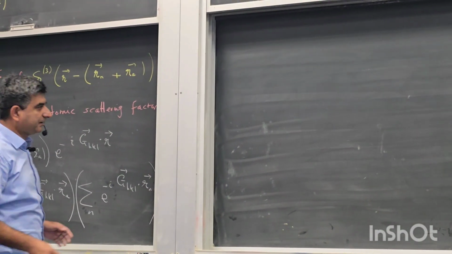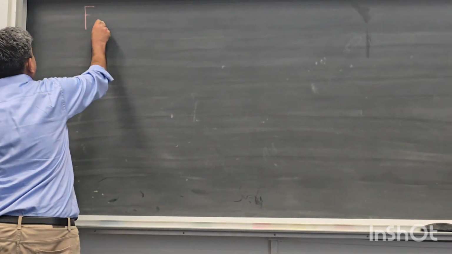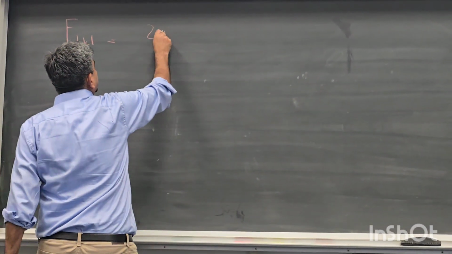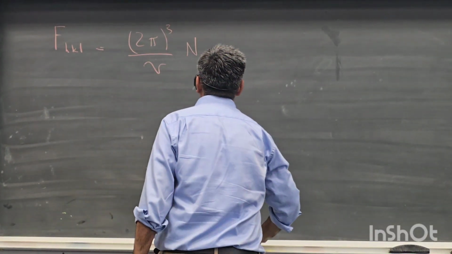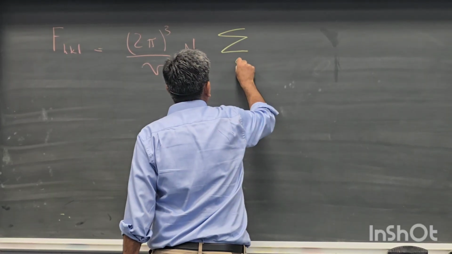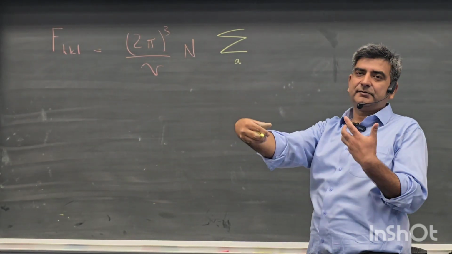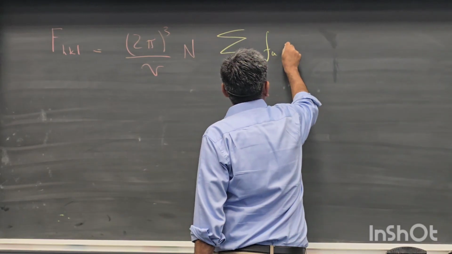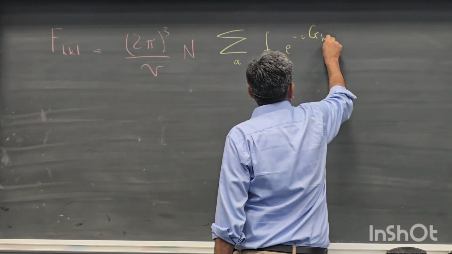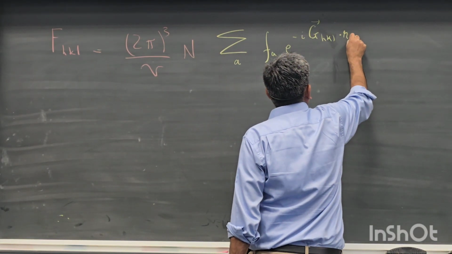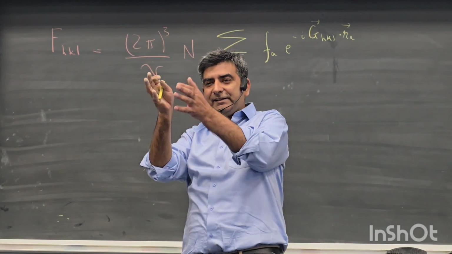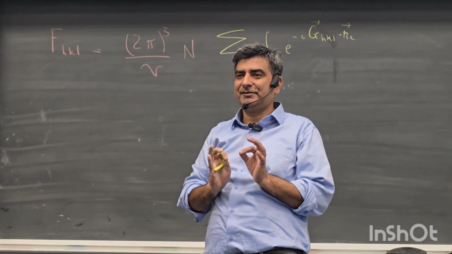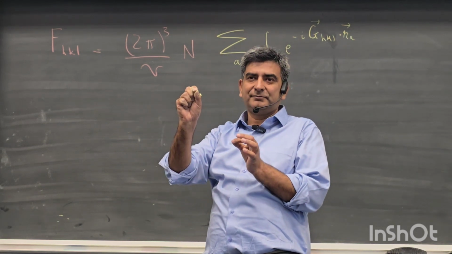So that big structure factor is a product of two structure factors. Let me write this down. F_HKL is 2 pi cubed over V, number of unit cells, sum over a, all the atoms inside the basis, F_a e to the minus i G_HKL dot R_a, the position of the basis vector which has the corresponding lattice point inside the unit cell as its origin, because R_a is measured from the lattice point.